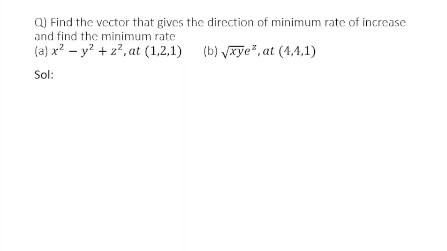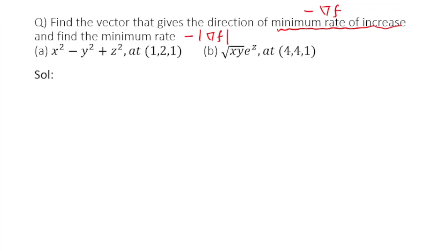Okay, let's solve this question now. Find the vector that gives the direction of minimum rate of increase. So I have to find the vector minus del f. And what is the minimum rate? So minimum rate is, we have to find the magnitude of minus del f.